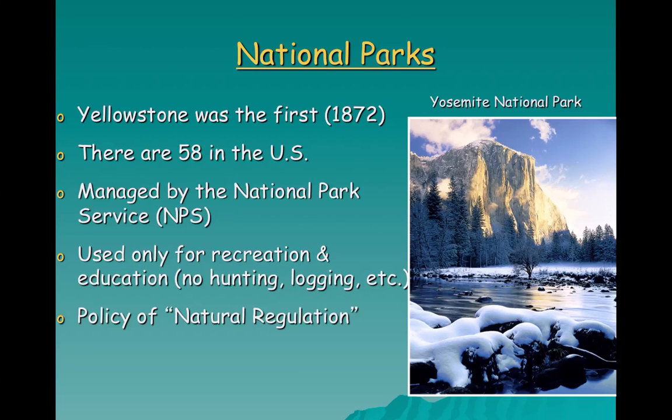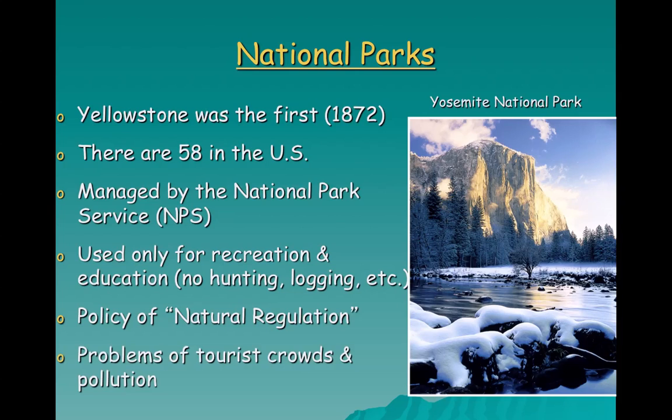And in national parks, they have a policy of natural regulation. So you don't do that. You don't manipulate population numbers. And there's a little bit in your book about this, but in terms of introducing species to it, unless you're reintroducing a species that was extirpated from the area, you just kind of let things run the course of nature.